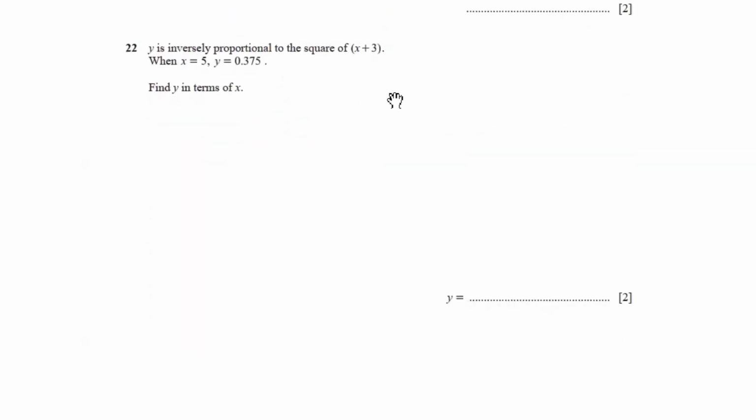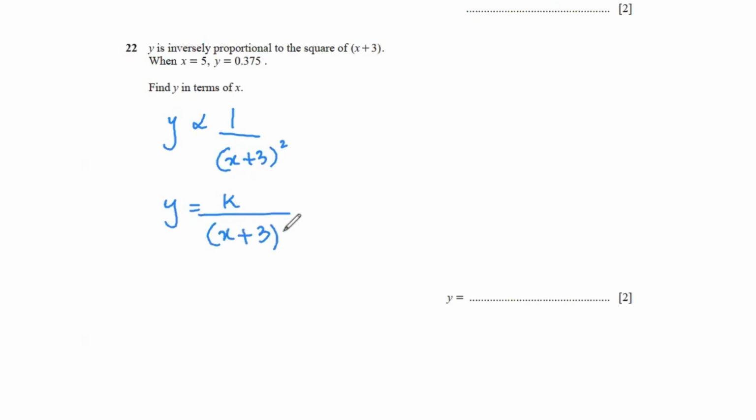Then the next question says, y is inversely proportional to the square of x plus 3. When x is 5, y is 0.375. Find y in terms of x. So y is inversely proportional to the square of x plus 3, which means y is k over (x plus 3) squared. First, we need to begin with creating our equation.